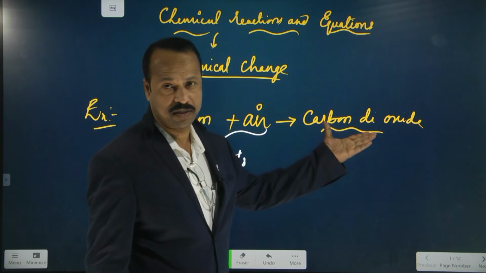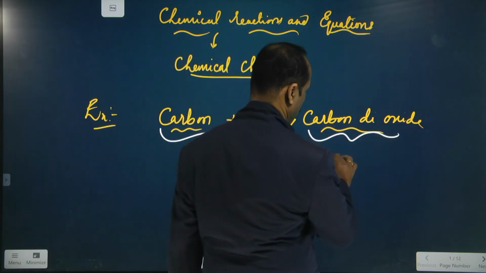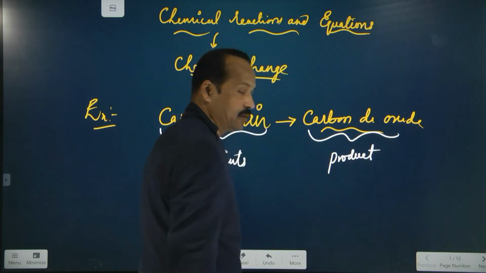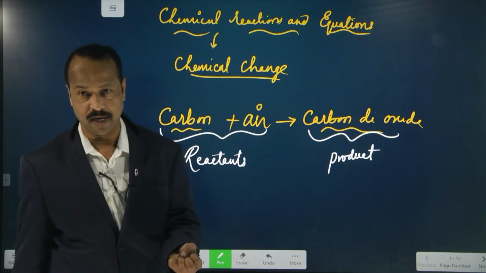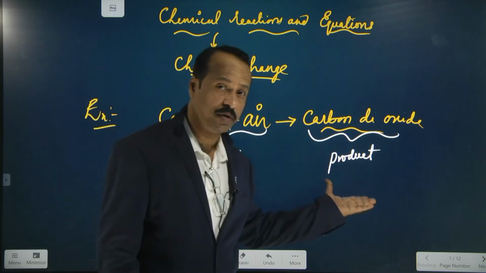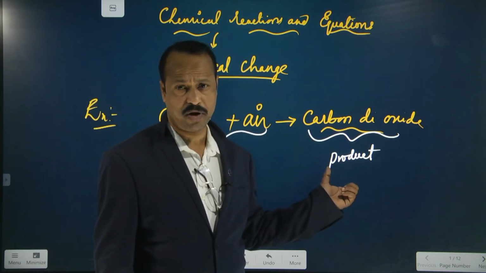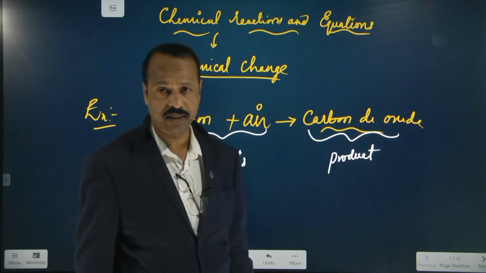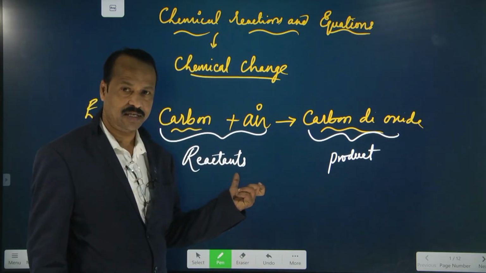That substance is called a product. So the substances which are reacting, which are combining, are called the reactants. The substance which is forming after the combination or after the reaction is called the product. If two or more are there, they are called products. If one is there, it is called a product. So here reactants and products. Is this clear to you?